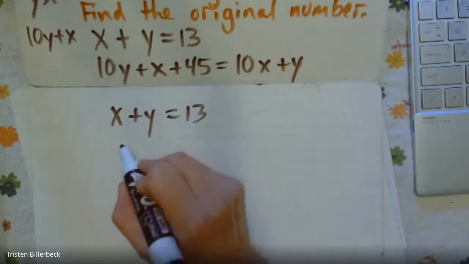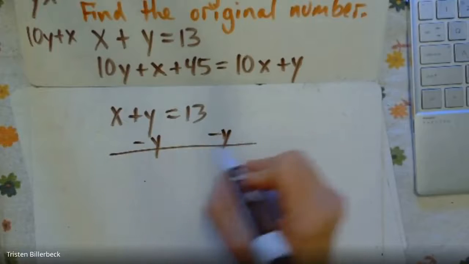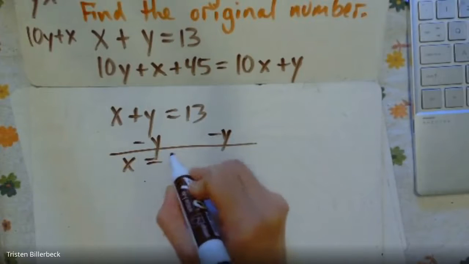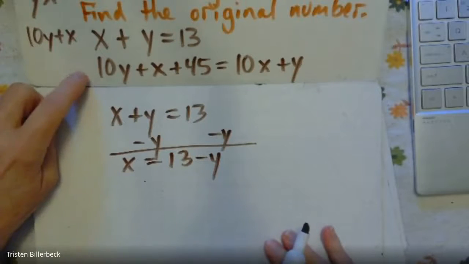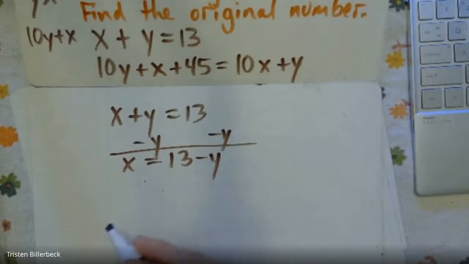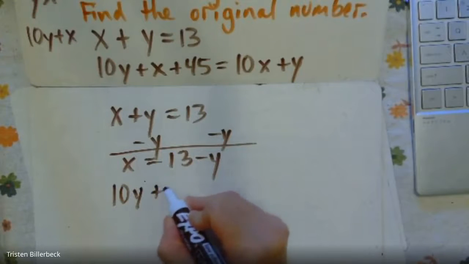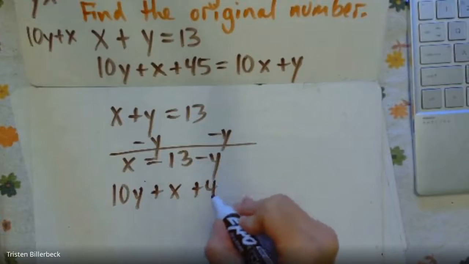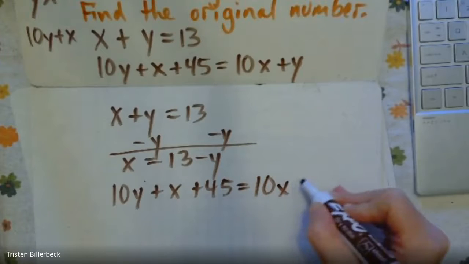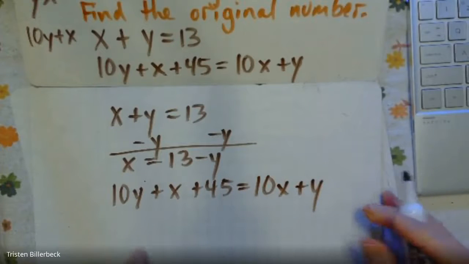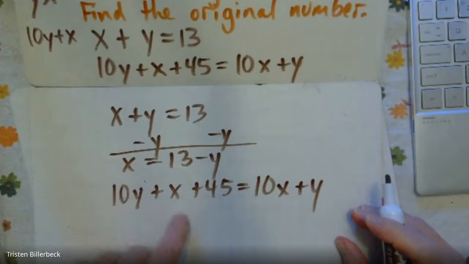So we are going to take the y and put it over here. So we have x equals 13 minus y. Then we're going to look at this equation here, 10y plus x plus 45 equals 10x plus y. So I'm going to substitute this in for x.